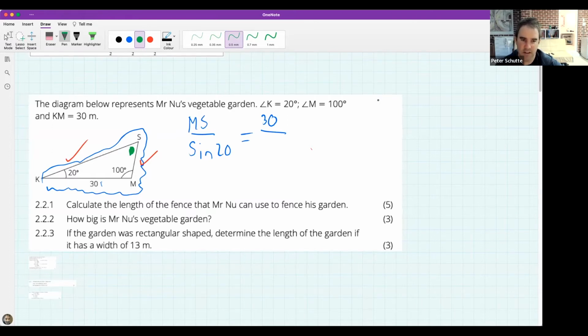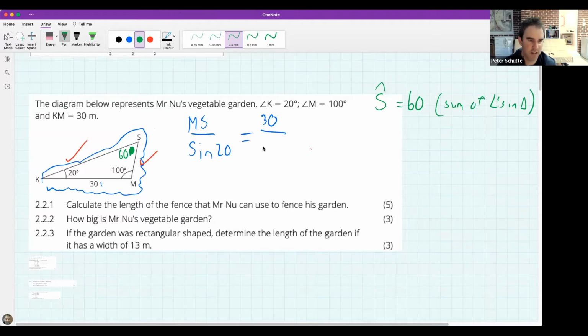Why is it 60? Yes. Okay, so basically the sum of angles in a triangle. So that's going to be 60. Now that can help me on my journey to finding MS. Yes, Shane, I agree too.